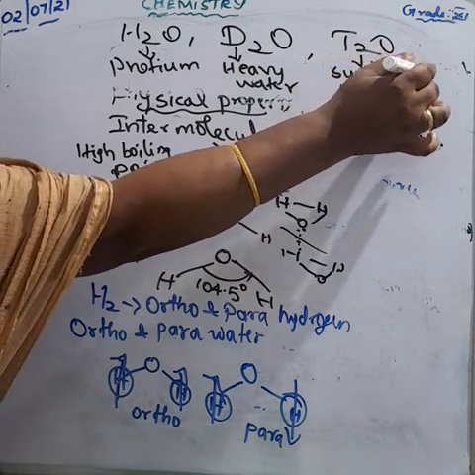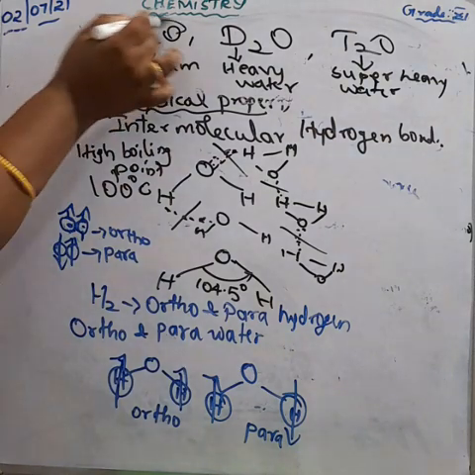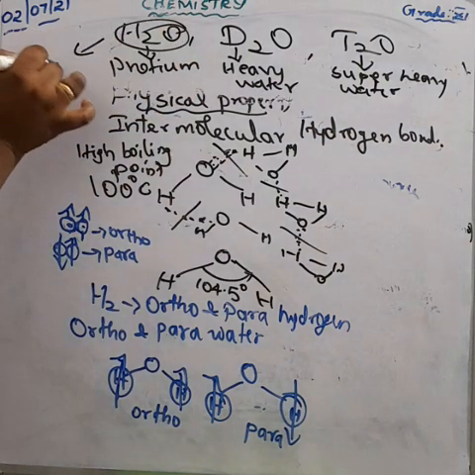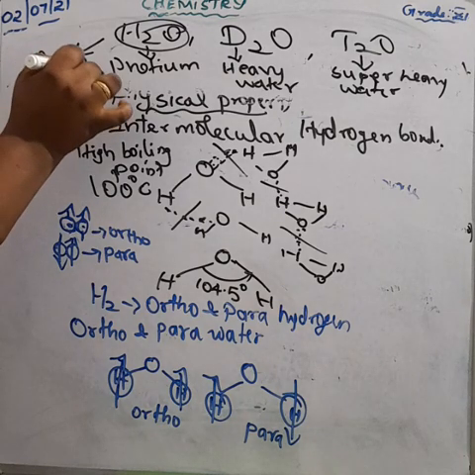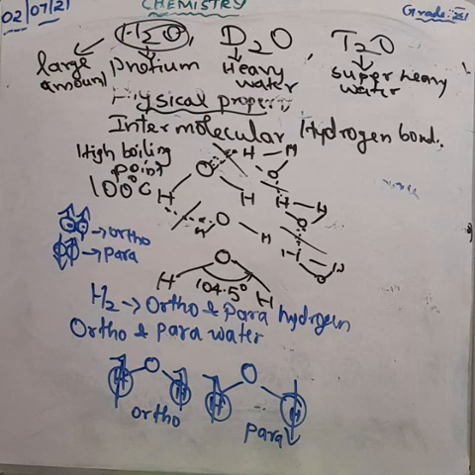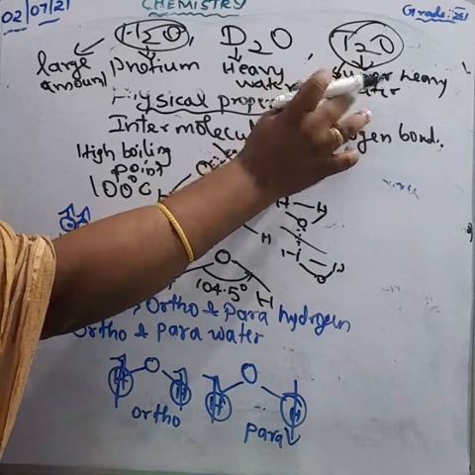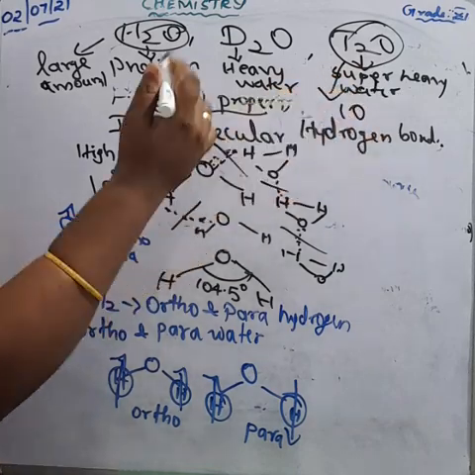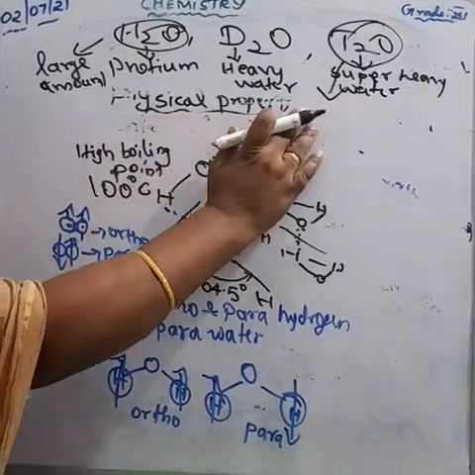In our Earth's atmosphere, a large amount of water is ordinary water, that means protium water. A small amount is in the form of deuterium water. But tritium water is super heavy water, and only a trace amount is present in our Earth's atmosphere.